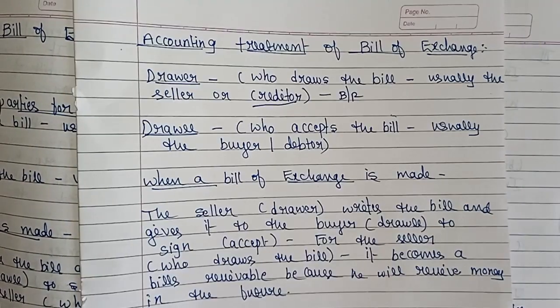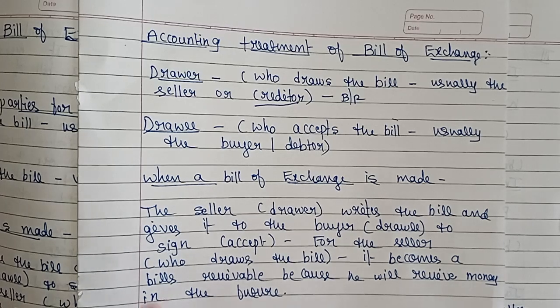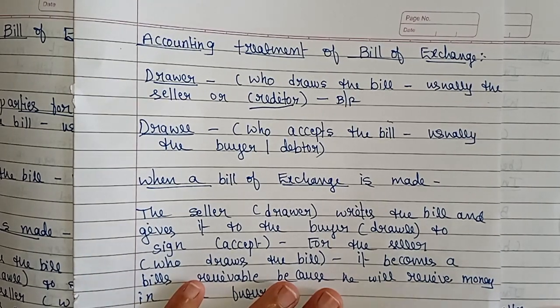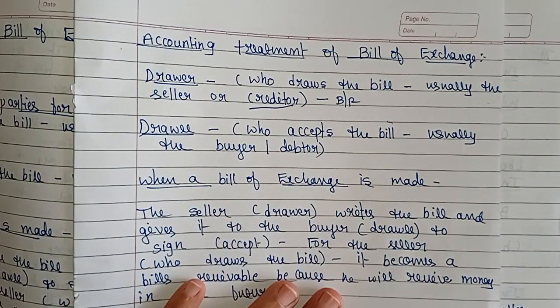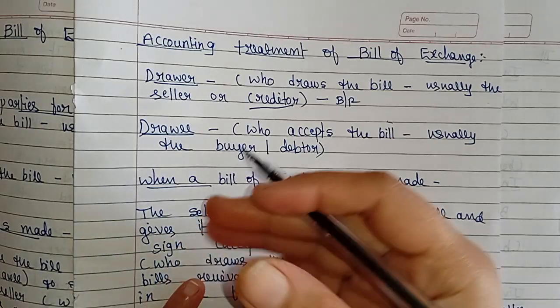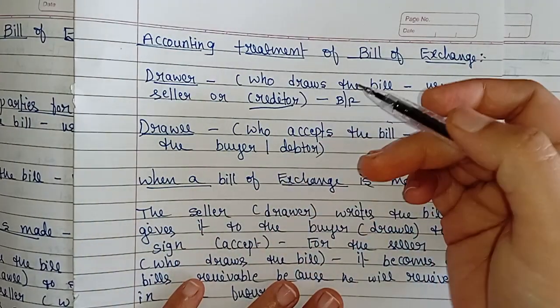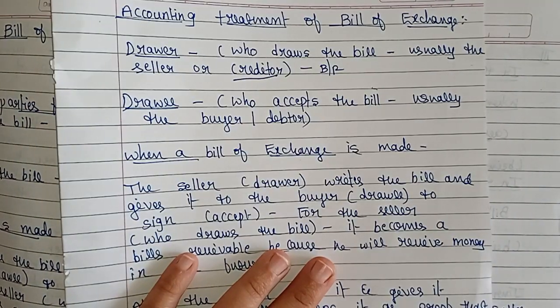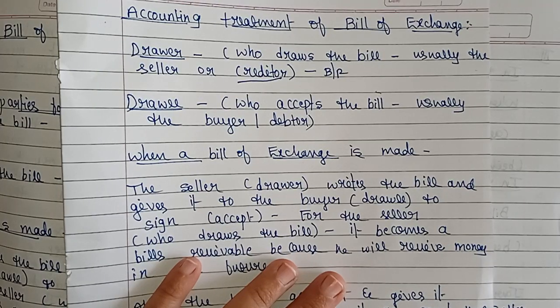So these four terms you have to remember while passing the journal entries. First one is drawer means creditor, because he is going to receive the money in the future, or seller. And drawee means debtor or the buyer who accepts the bill and who has to pay money in the future.